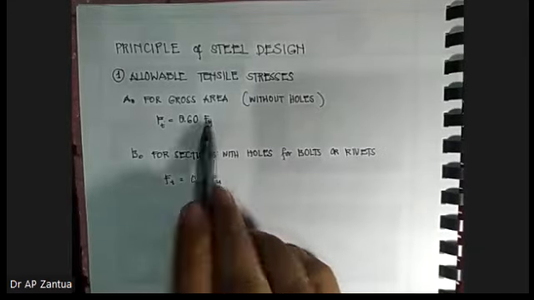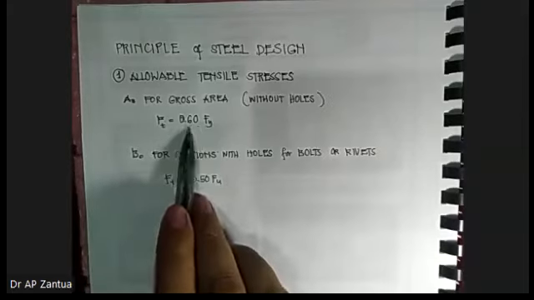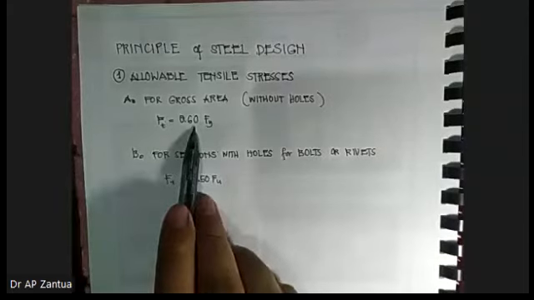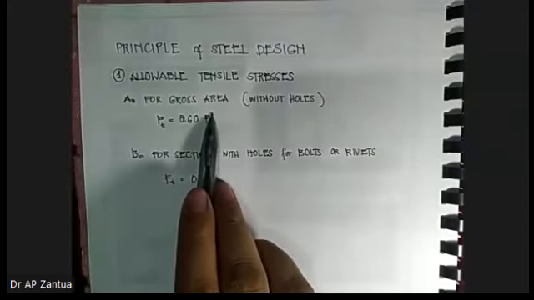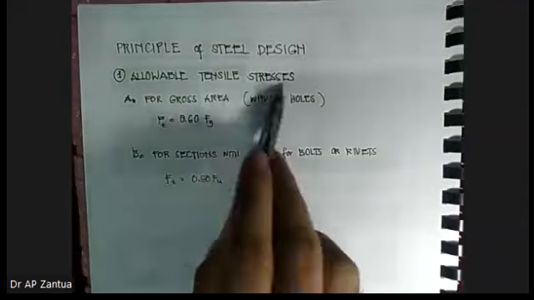Now take note, 0.60 is actually 60%. We are just using 60% of the yield stress as our allowable tensile stress.